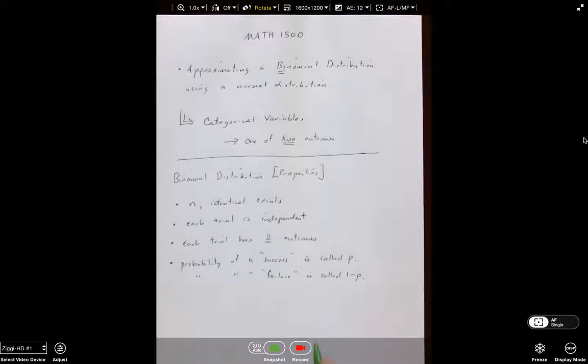Now, success and failure I put in quotations because you may be interested in the probability that the next child born at a particular hospital is female. So that would be a success and a male would be a failure. Well, you don't mean that a male's a failure. It's just that success is what you are measuring the probability of.